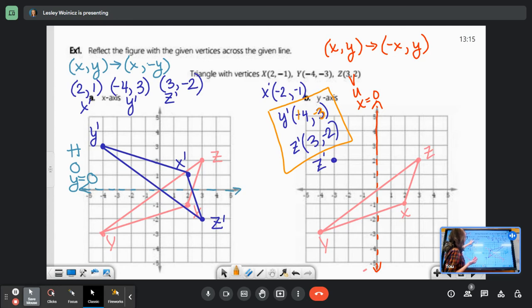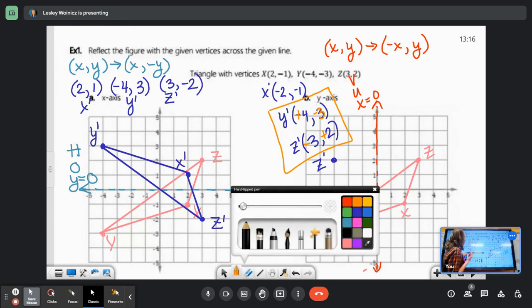So this should be a positive 4 for Y prime. And then for Z, we should have kept the positive 2 and changed the positive 3 to a negative 3. Sorry that I got those backwards.